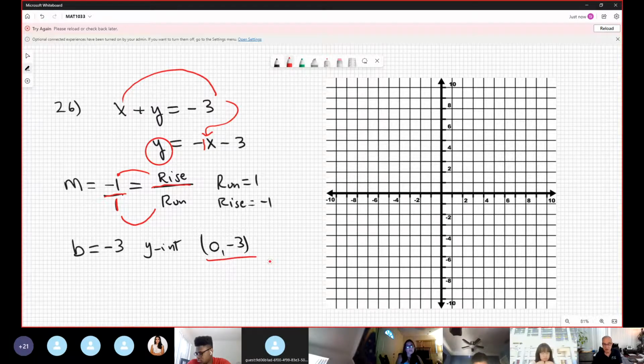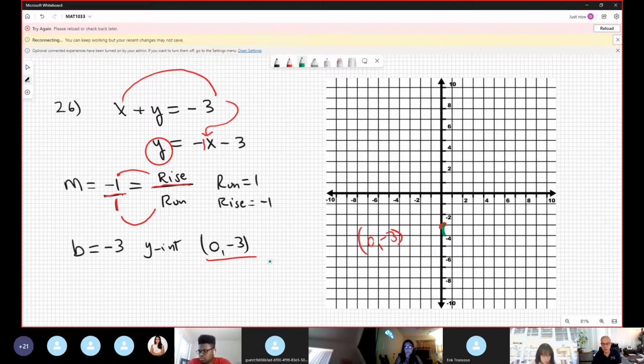Now the same procedure. You plot the y-intercept, which is 0, -3, here. Plot that. From this point, run is 1, rise is -1. So we're going down because it's a negative rise, going down 1. This is -3 minus 1, which is -4. And you're going to the right 1.